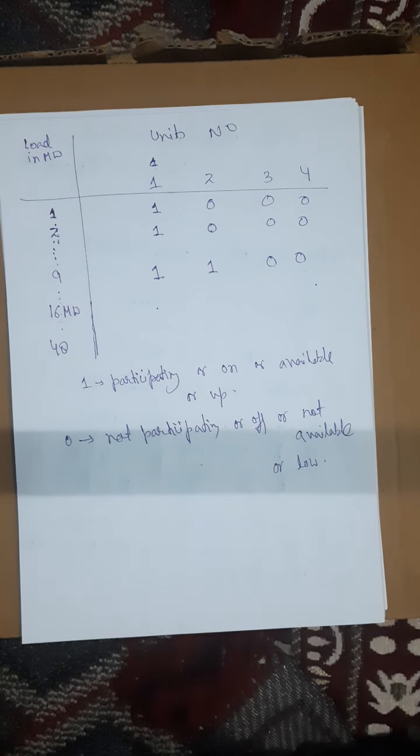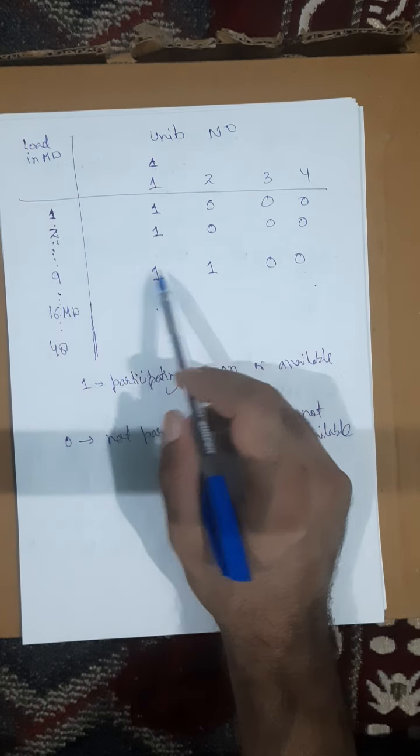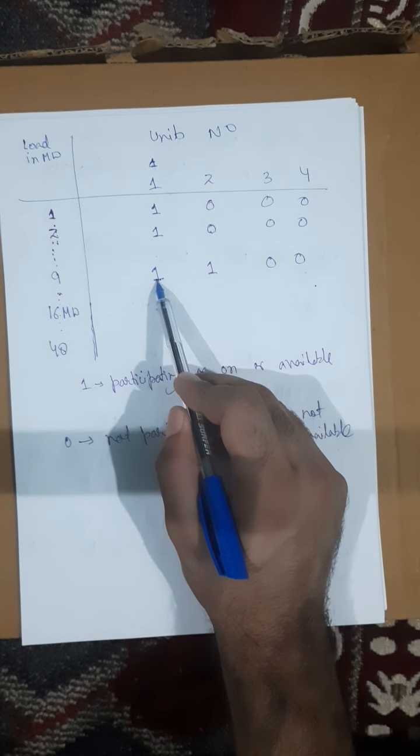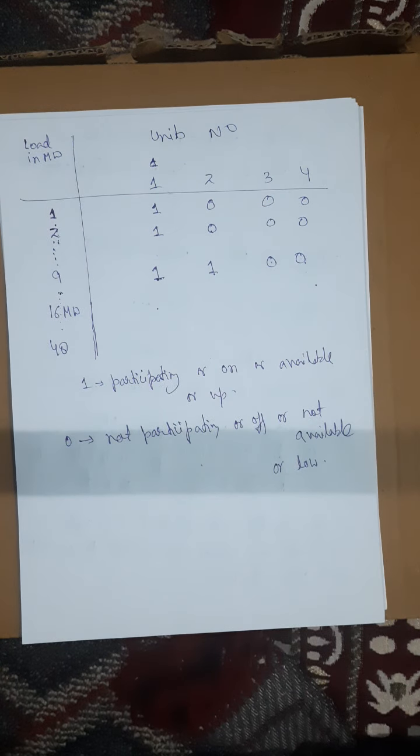I have derived it only for 2 megawatt and 9 megawatt. For 9 megawatt, unit 1 is on, unit 2 is on, and units 3 and 4 are off.